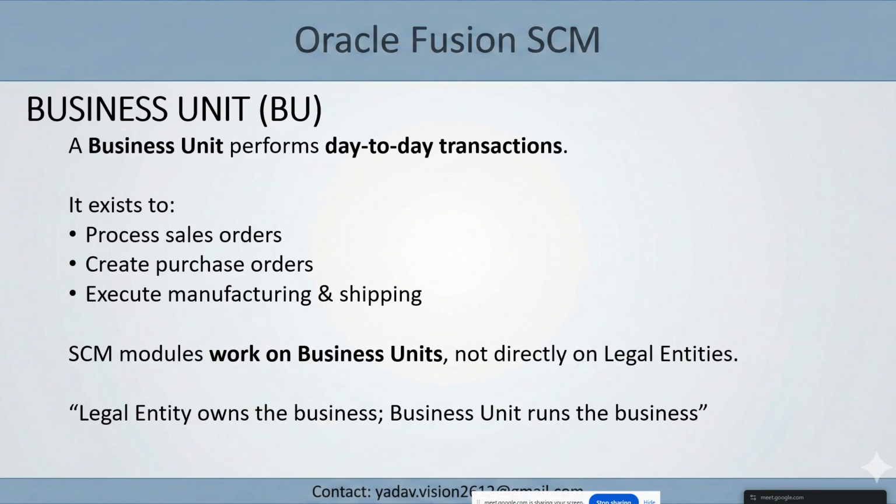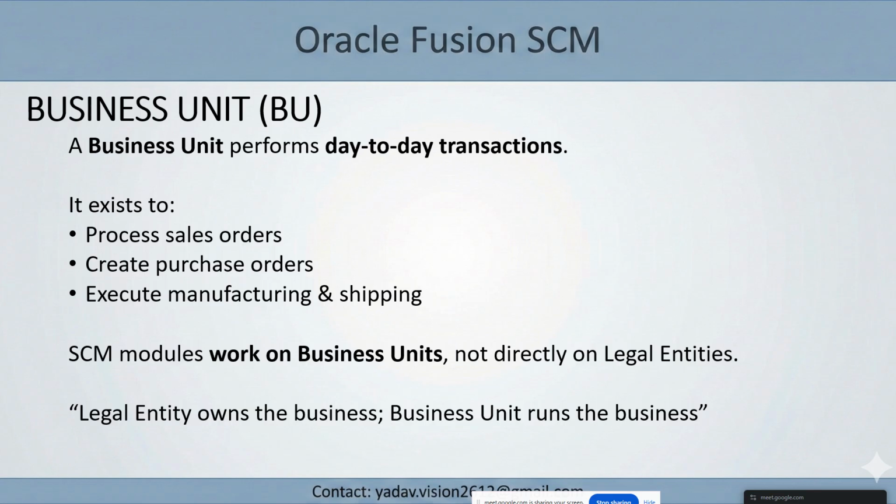If I'm moving my material inside the inventory, those transactions only get stored at the inventory level. If you are dealing with any third party, just remember the words any external party, that transaction is going to be stored at the business unit level. If you are buying something, there will be an external partner called a supplier.